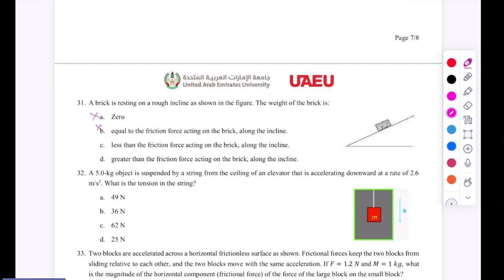It has to be greater if it's moving. But the brick is resting on the inclined plane, and resting means it's not moving. So then it is equal to the frictional force. Yes, so B.